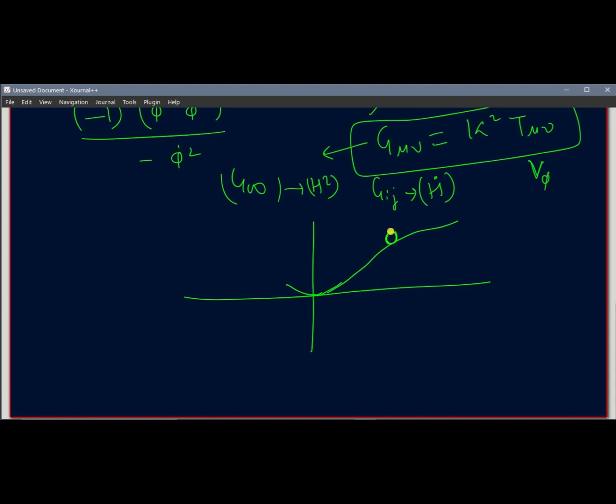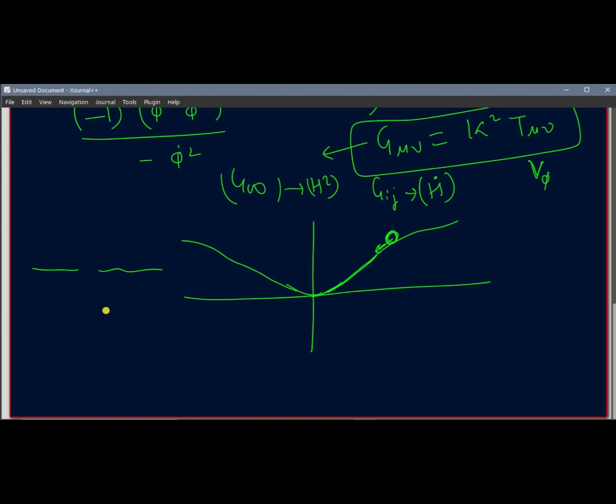The field is rolling down from the top of the hill, and the rolling is very slow, because the moment it starts rolling, the universe has entered inflation. In inflation, the scalar field is responsible for the metric evolving dramatically at very high velocity, exceeding the speed of light.